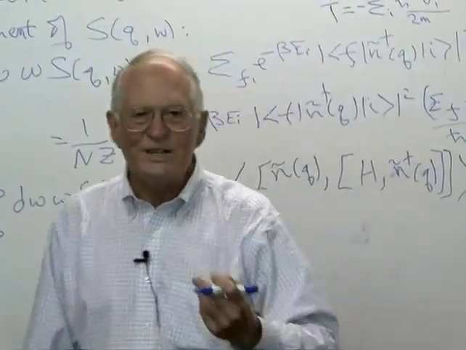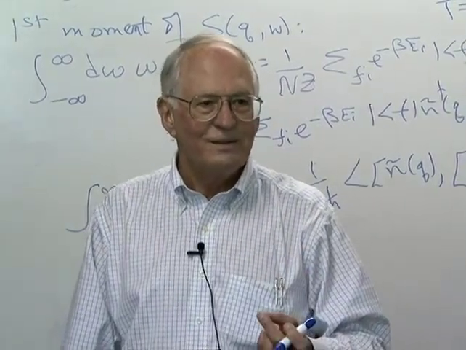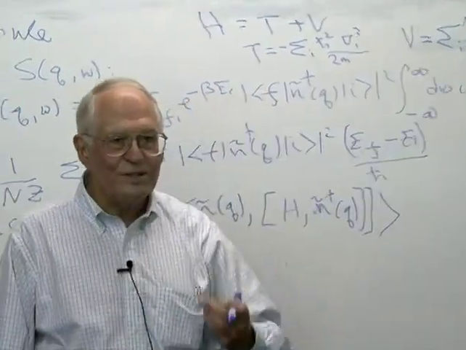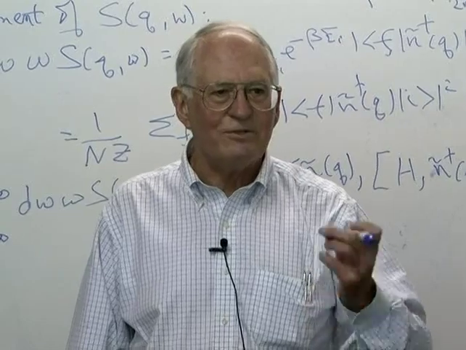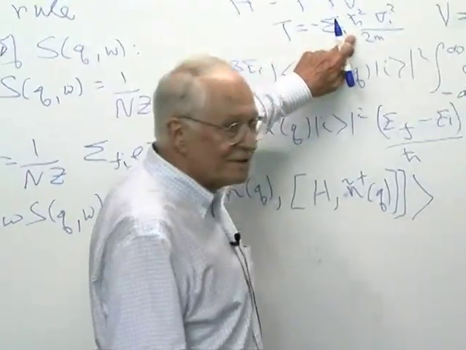Now the beauty is that n of q, or n tilde of q, is a function of r. And so that commutes with V. So the V plays no role in this commutation relation. The commutator of H with the density fluctuation operator comes from this piece.